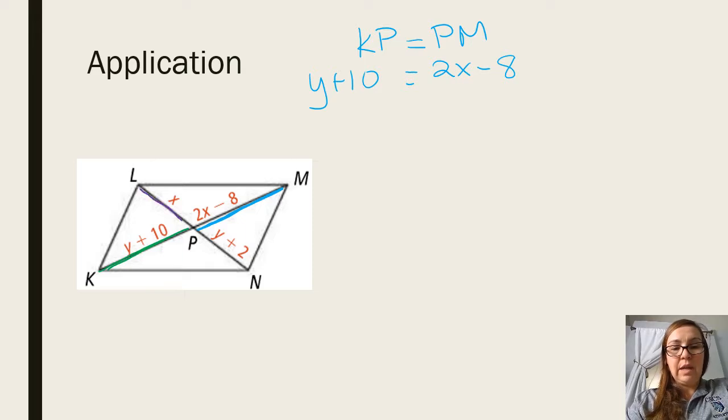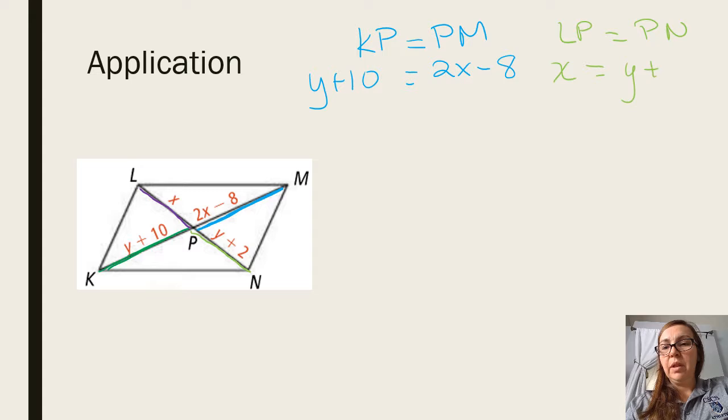Right here it says x, and we have y plus 2. So LP is equal to PN, and so we know x is equal to y plus 2.